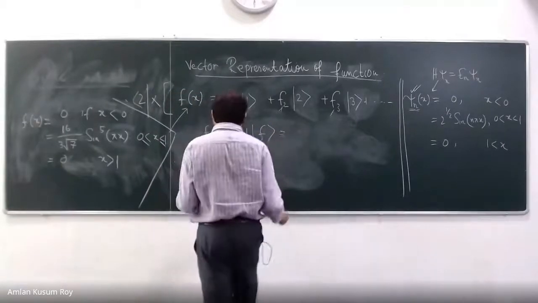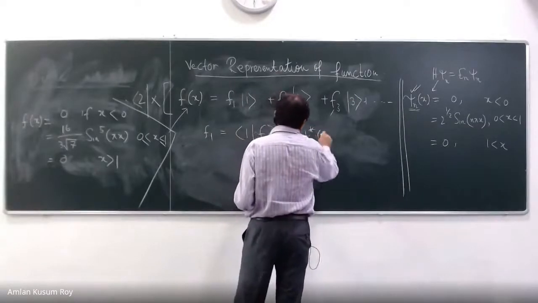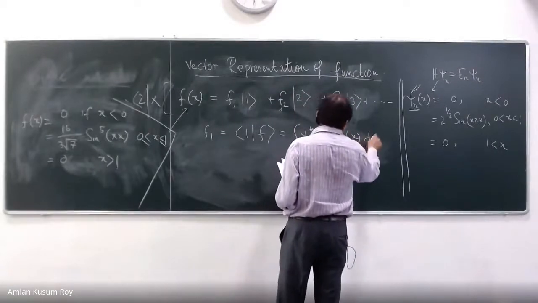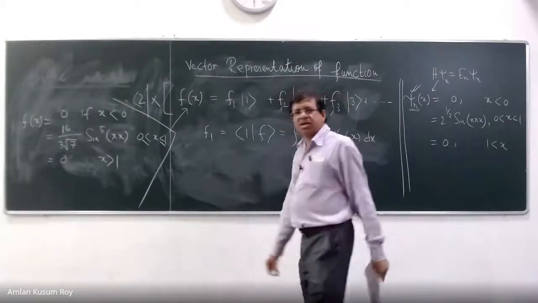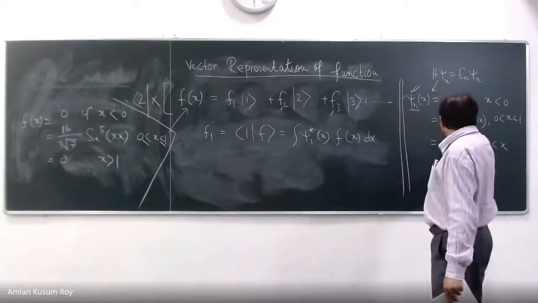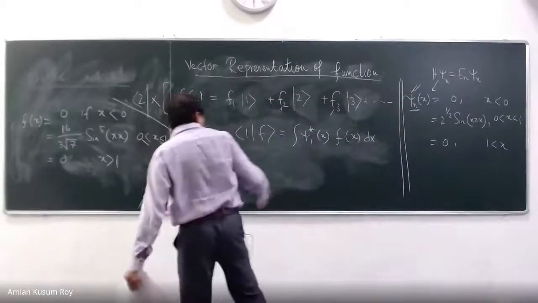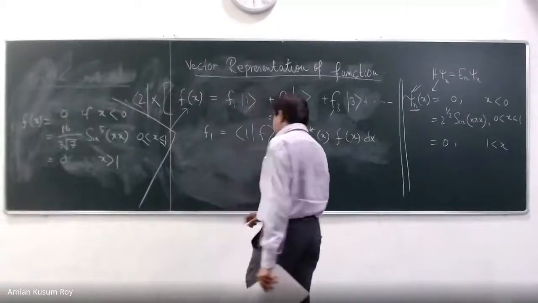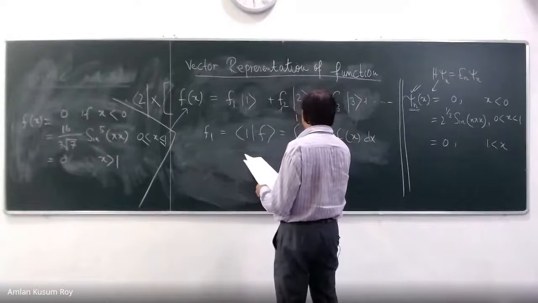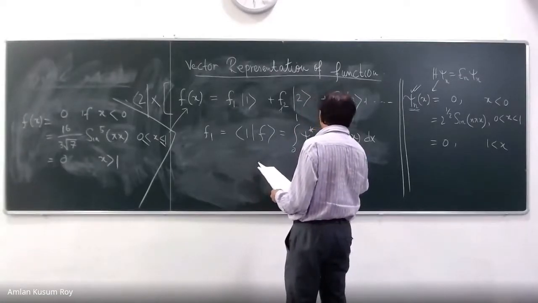So let us write psi1 star x times f(x) dx. If you do this integration, with psi1 star x being 2 to the power half sine pi x, and f(x) given by this in this region, from 0 to 1, that will give you the answer. That answer I will write for you is 5 over 3 root over 2 by 7.